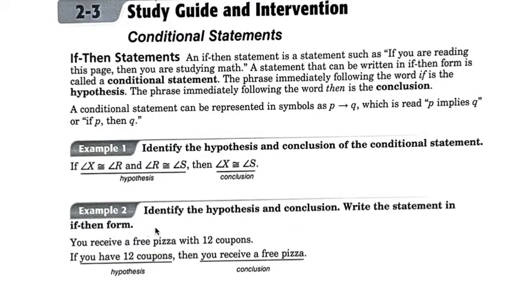It starts off with you receive a free pizza with 12 coupons. Well, what has to happen first is you have to get the 12 coupons. So you say, if you have 12 coupons, then you receive a free pizza. Notice everything after the if is the hypothesis. Everything after the then is the conclusion.